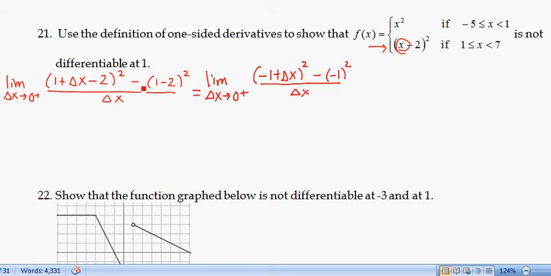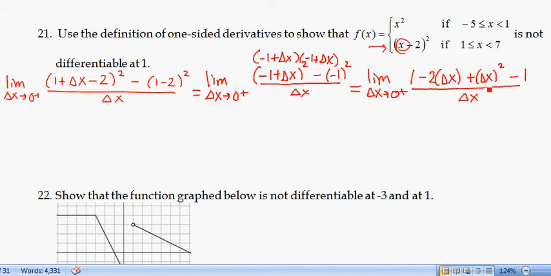Well, if we simplify what's in the parentheses by combining like terms, this is really just negative 1 plus delta x quantity squared minus negative 1 squared. So we can expand negative 1 plus delta x times itself by distributing. Okay, so we're left with this. Notice that the 1 and the negative 1 cancel, and we can factor out a delta x from each of the remaining terms.